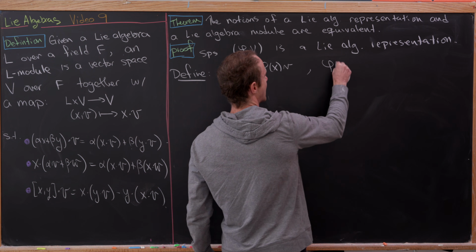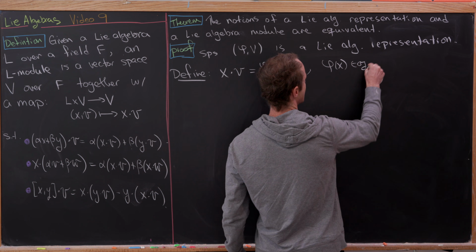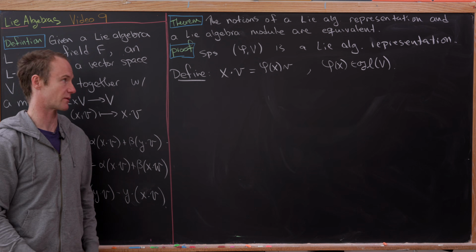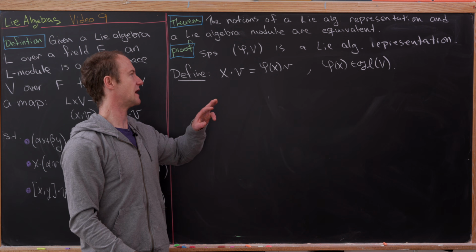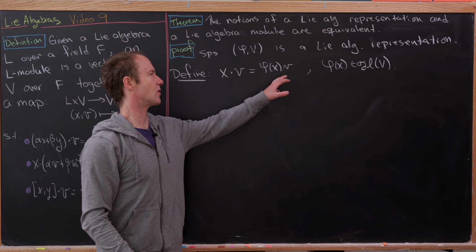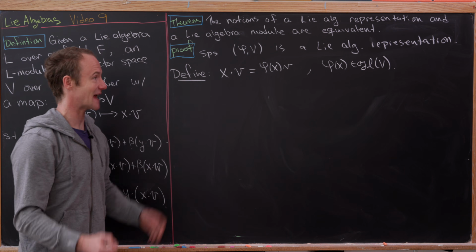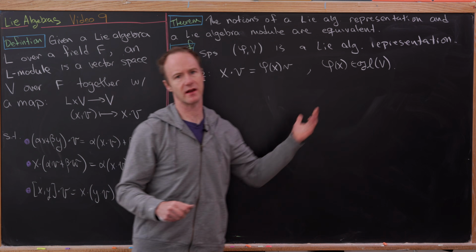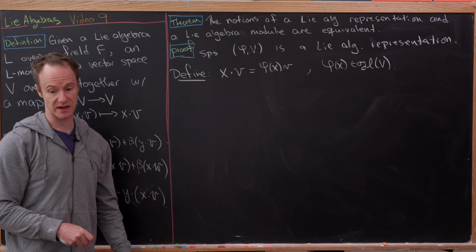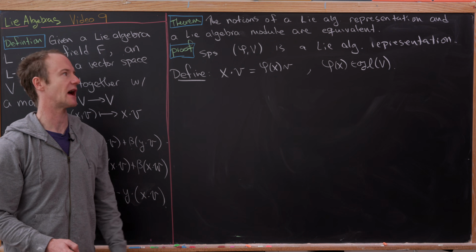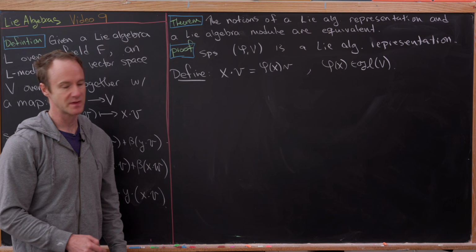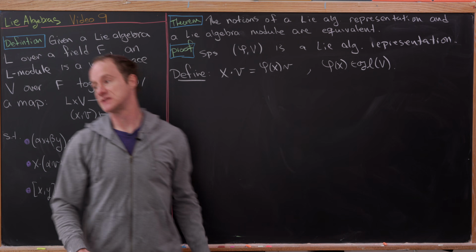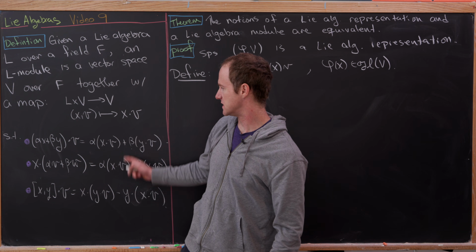Let's recall that phi of x is inside of GL(V), given the fact that we've got a Lie algebra representation here. That means it can obviously act on elements of V via the fact that over here we've got a linear transformation of V assigned to any element of the Lie algebra, I should say. Now what we have to check is that this action here satisfies these properties that we defined over here.